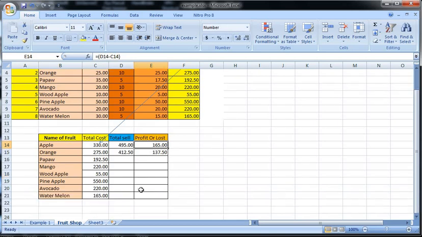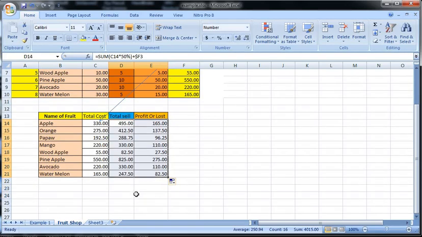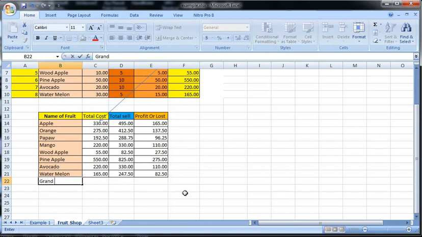So if you drag these two together with my fill handle, I should get, at the end of the day, a good profit. So I can use a simple scenario like grand total.